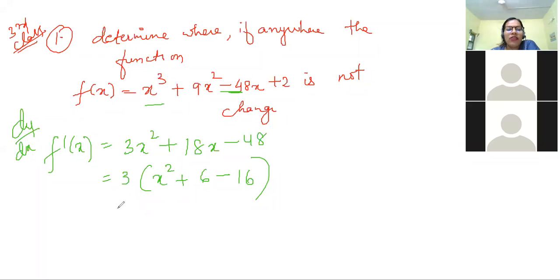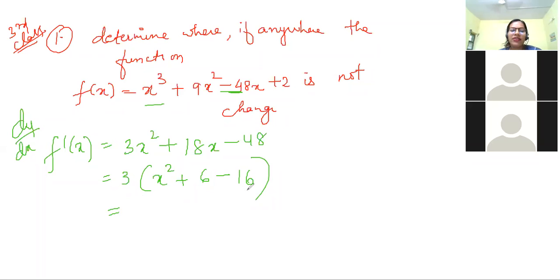So now tell me what will be the factors? Ranjan, what will be the factors over here? Anyone?